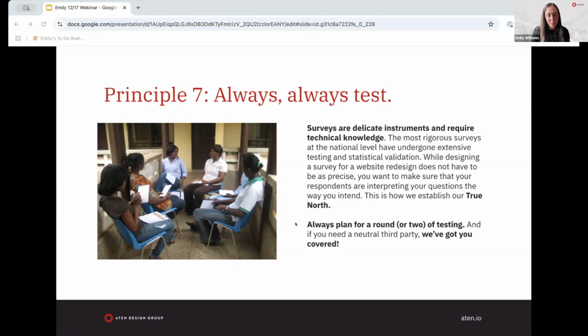We generally don't have the time or resources for that. But we do want to make sure that the questions are going to yield good enough evidence that we can make decisions. And that when things move to design and when they move to development, we've really established our true north, right? So plan for a round or two of testing for a neutral party.